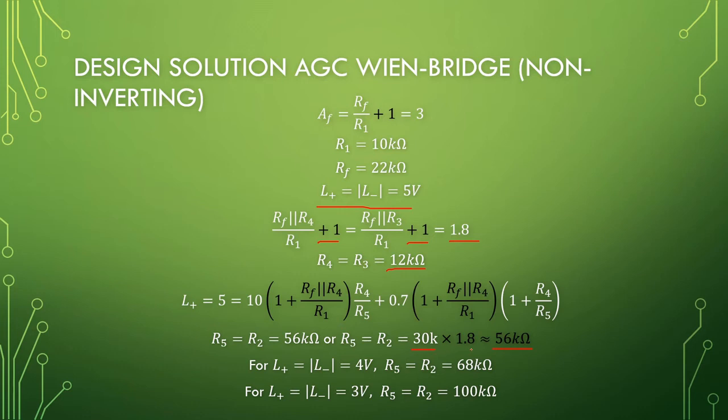Multiply that answer with the gain, and that will be the right one to add in your circuit. Then you can redo this calculation for 4 volts and 3 volts, and you will end up with 68K and 100 kilo ohms. So let's go over to simulation where I can show you this limiter working.